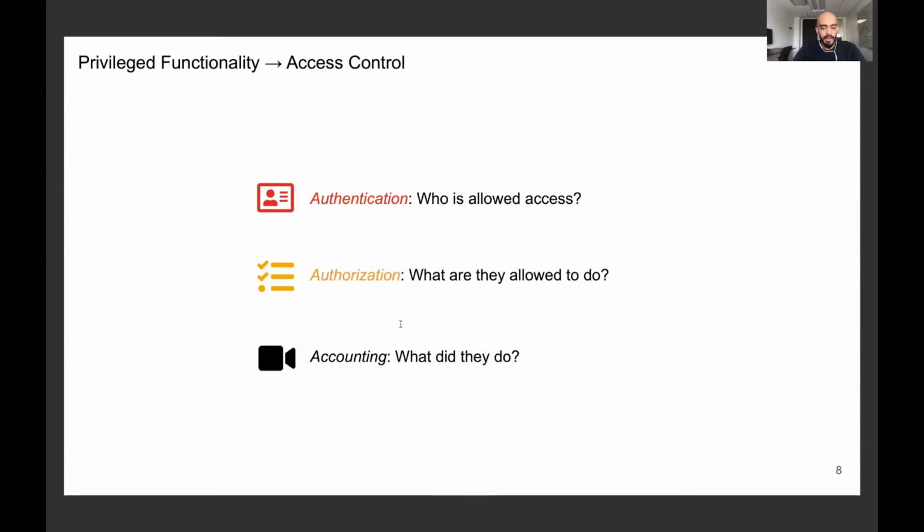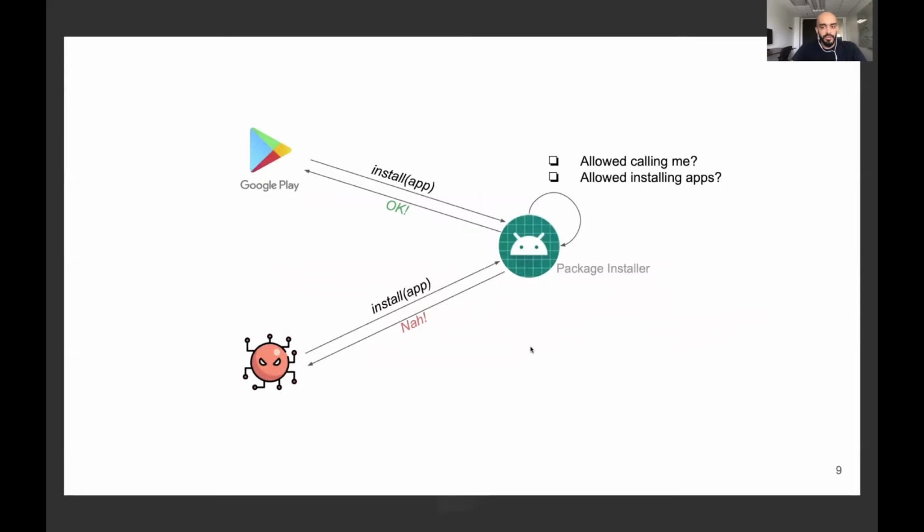So you know who's allowed access, what they are allowed to do, and you also keep a log of who did what. In the case of the package installer, you would expect that Google Play, which is a market app, is perhaps allowed to install apps, so you would expect the package installer to grant that to Google Play. Whereas if another random user-installed app tries to silently install apps in the background, you'd expect the package installer to reject that request.